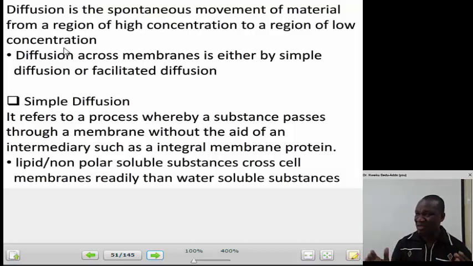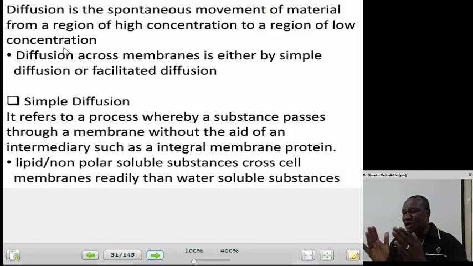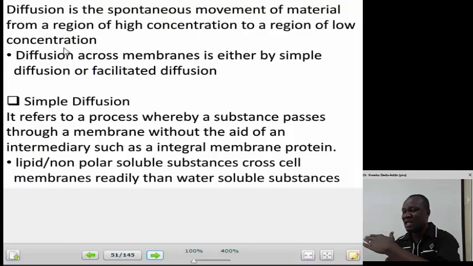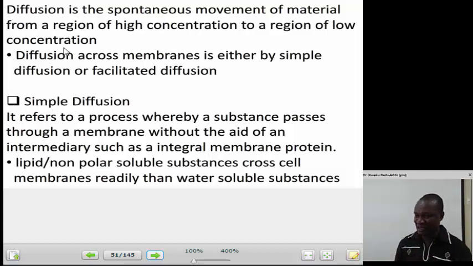So here, the substances will be moving from the region of high concentration across the membrane to the region of low concentration, and they are unaided. It means they just go through the lipid bilayer to the region of low concentration.